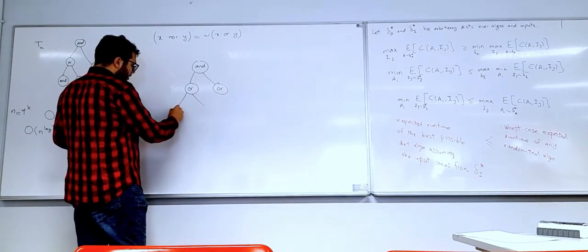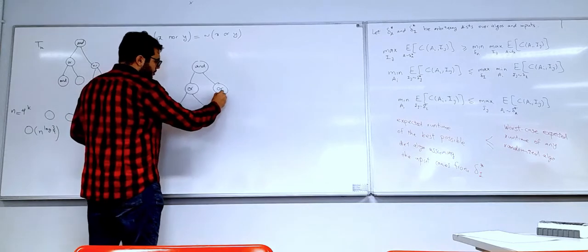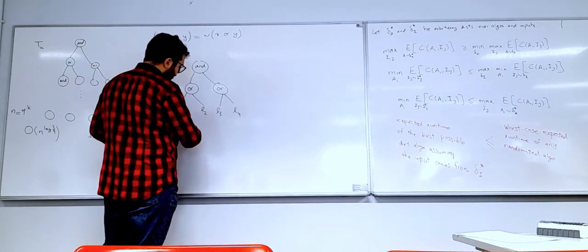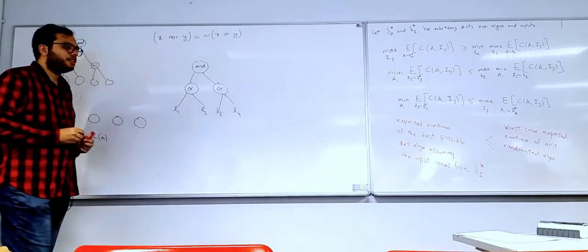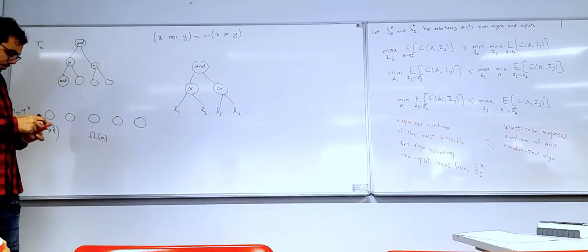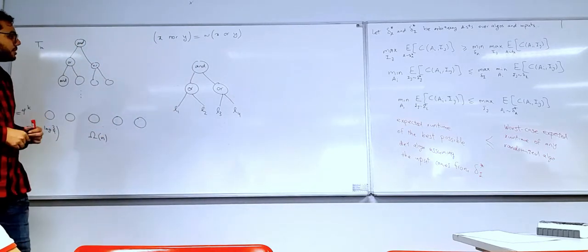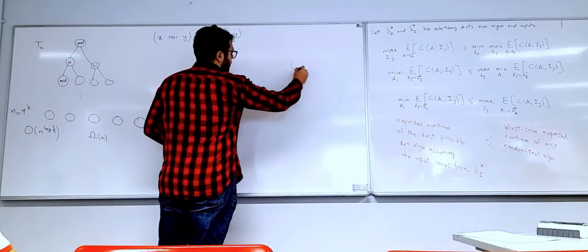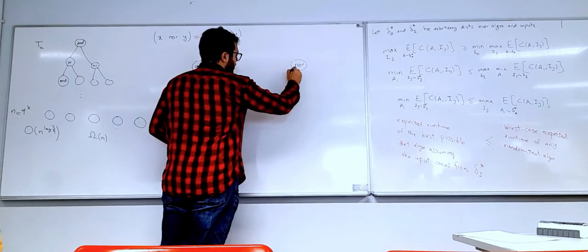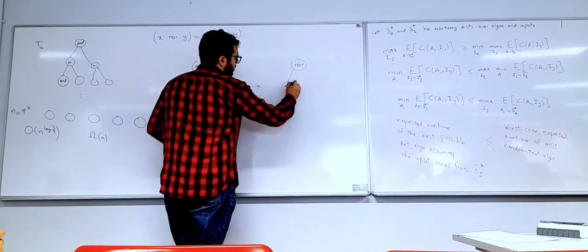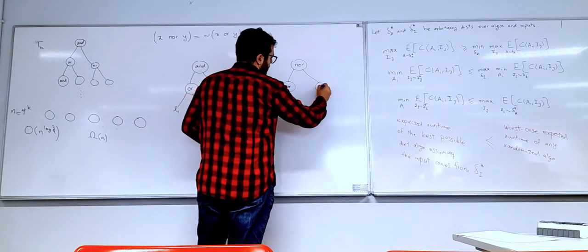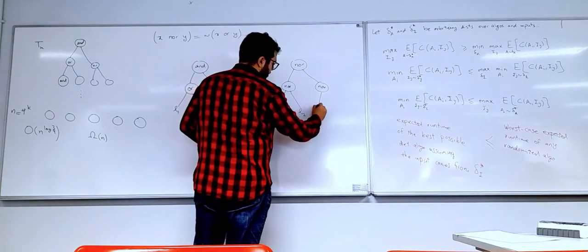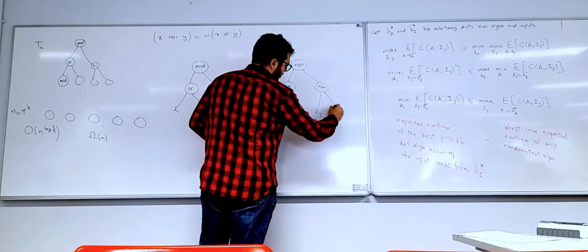So let's say this is leaf number 1, leaf number 2, leaf number 3, and leaf number 4. And each of these are 1 bit. Okay. So what I'm doing is that I'm taking this tree and I'm changing all the operations to NOR. So I have NOR, NOR, NOR, and then here I have L1, L2, L3, L4.